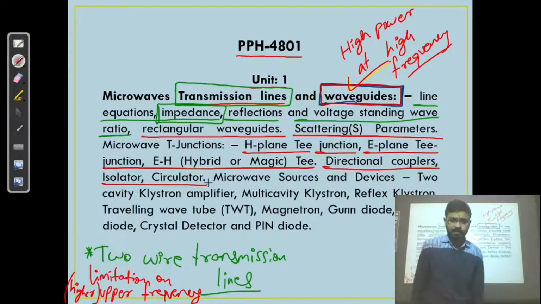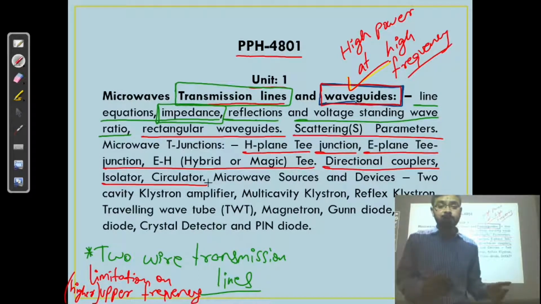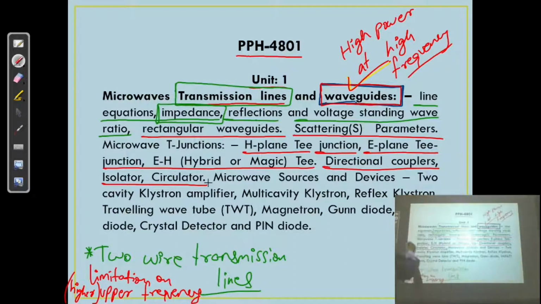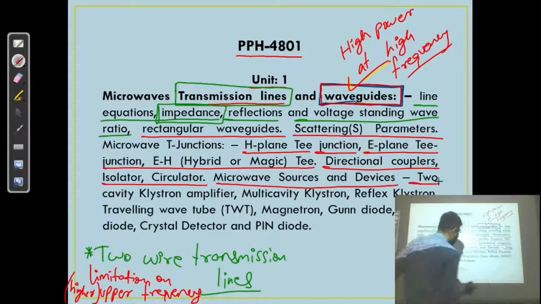After completion of this, we will go to the sources or the devices which are used to generate microwave frequencies or to amplify microwave signals, right? Those are microwave sources and devices, which will majorly consist of klystron devices.